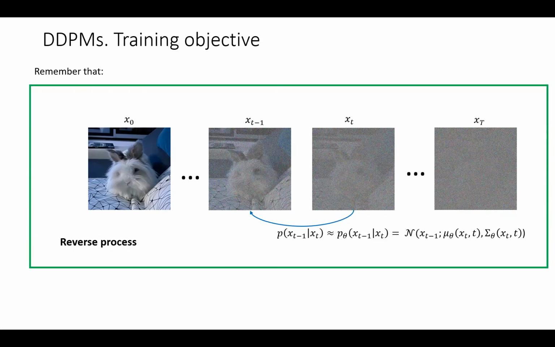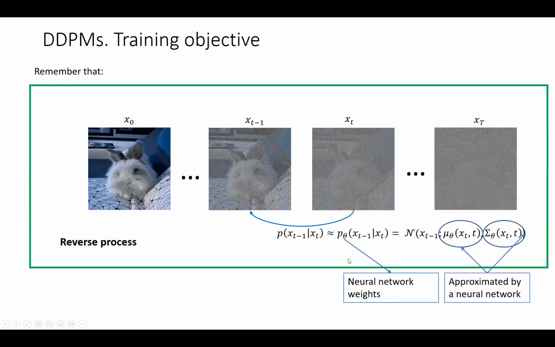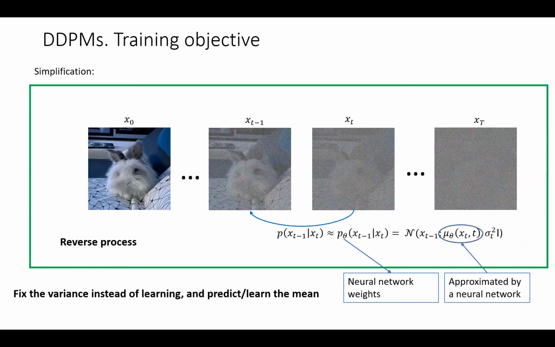And that will give us this estimate of this probability, and that we will model by the Gaussian distribution. This will be the mean vector, and this will be the covariance matrix. Okay, these are what we are going to estimate, so they'll be approximated by a neural network. And theta is the neural network weights. So here we actually don't have to estimate the variance, to simplify.